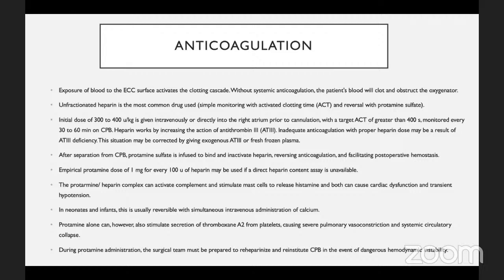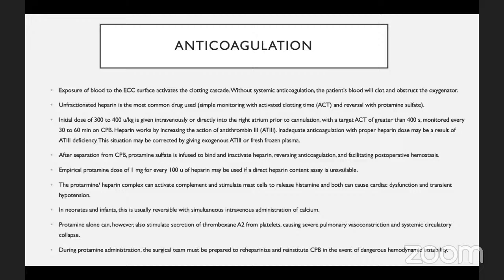The target ACT is greater than 400 seconds, and we have to monitor every 30 to 60 minutes on cardiopulmonary bypass. Heparin works by increasing the action of antithrombin 3, and inadequate anticoagulation with a proper heparin dose may be a result of antithrombin deficiency. This situation may be corrected by giving exogenous antithrombin 3 or fresh frozen plasma.